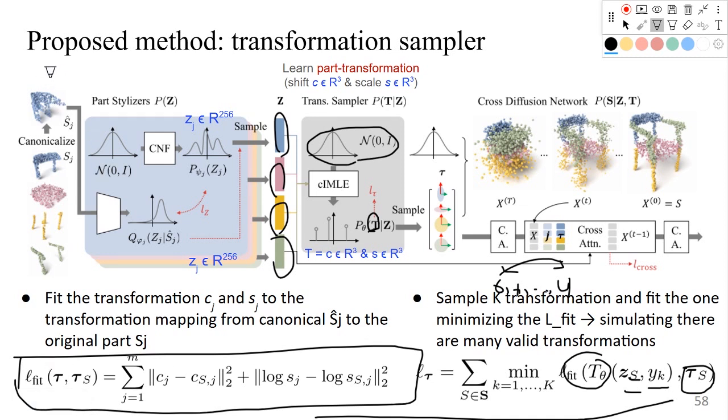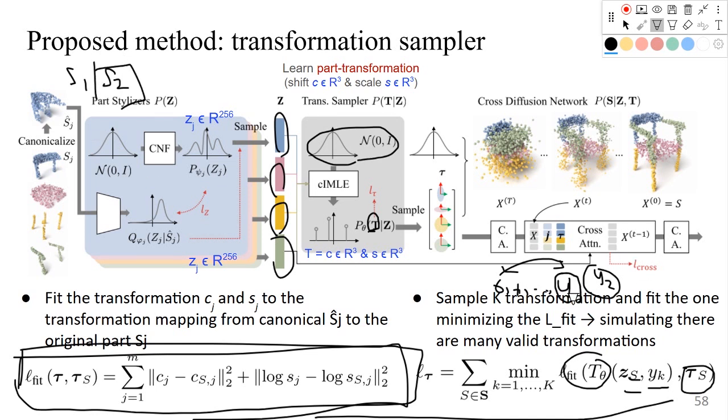Let's say for this particular sample 1, the one that minimized is Y2. So we fit this Y2 to the ground truth in the dataset. Later, if we have sample 2, we also sample another 5 YK. Let's say in this particular sample 2, the one that minimized is the last YK. So we will fit this YK using this one, and so on and so forth.